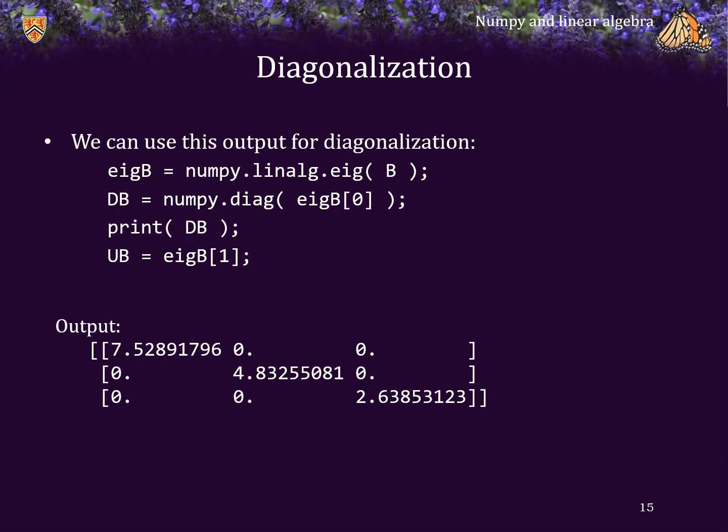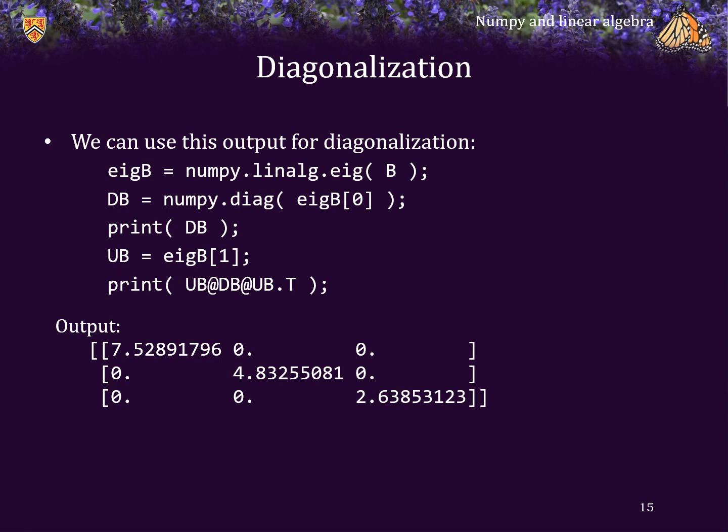We can also assign to UB the matrix of eigenvectors. So these are normalized, and the kth column of that matrix is the eigenvector corresponding to the kth eigenvalue.